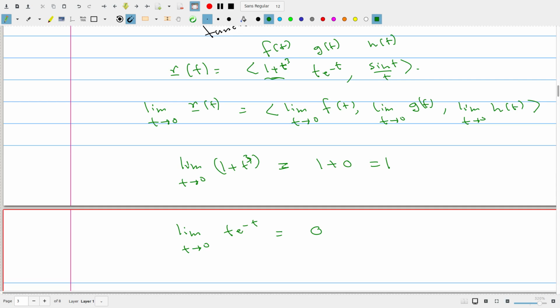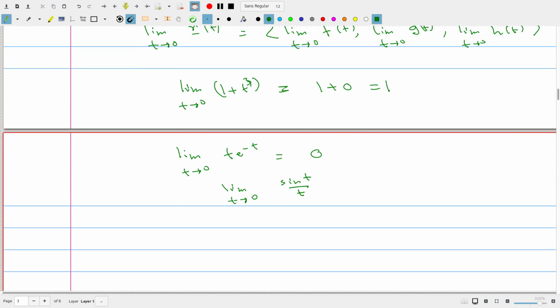And as for the third component function, the limit as t goes to 0 of sine t over t. This is a 0 by 0 problem, right? Sine t goes to 0, t also goes to 0. So this requires L'Hopital's rule.